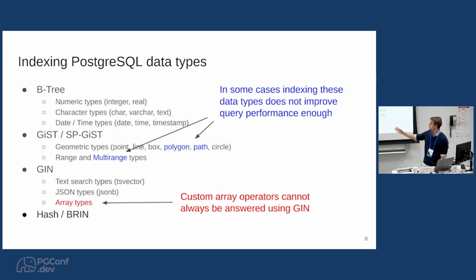In other cases, for example for the array types, there are some custom operators that we might want to add that cannot really work with the current indices. So I'm presenting a new index type, a new multi-entry GiST index, as I call it, which can fix these problems.